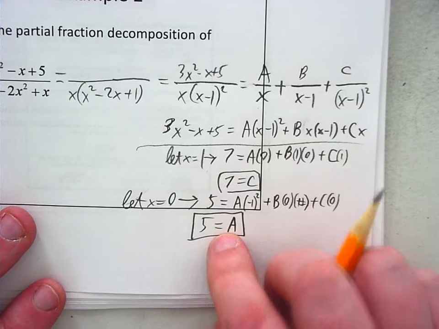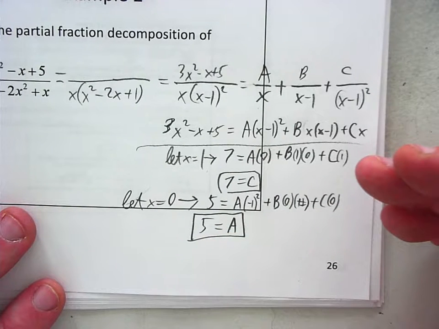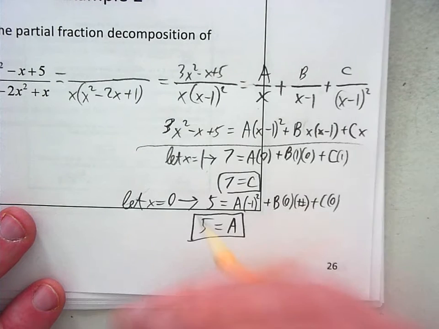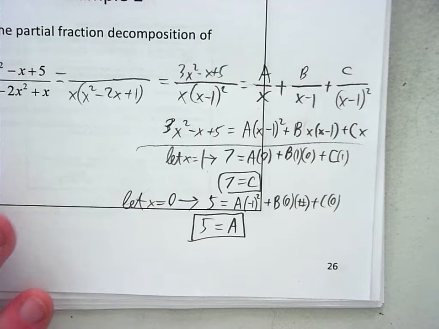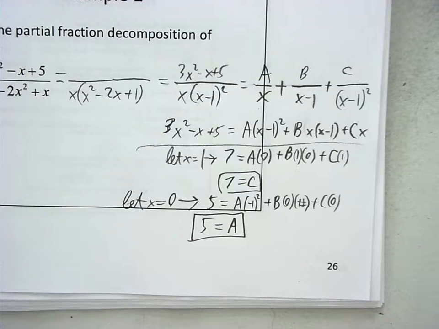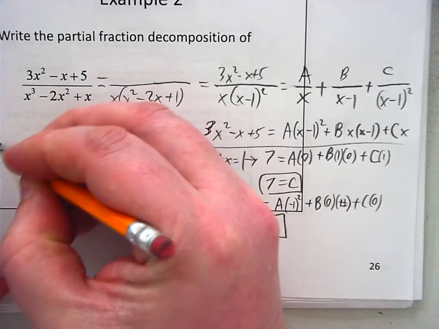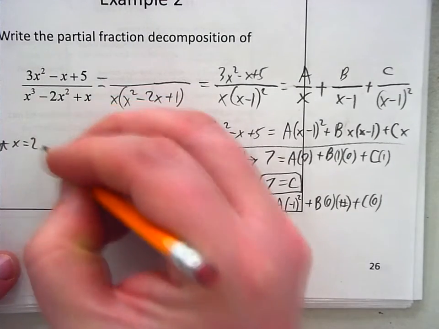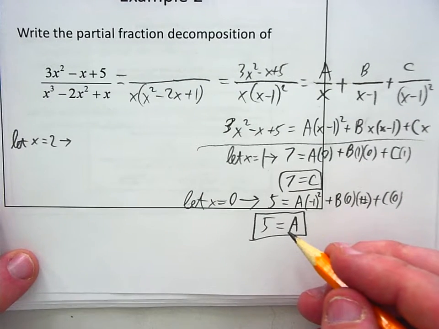As long as I know what a and c are, I can actually dictate any number I want for x, and then use that to solve for b. Now, what would be a convenient value to make x? Since we already used 0 and we used 1. 2. If I want to use 2 or negative 1 or whatever, so I'm going to let x equal 2. But I'm also going to use the fact that I already know these two things.